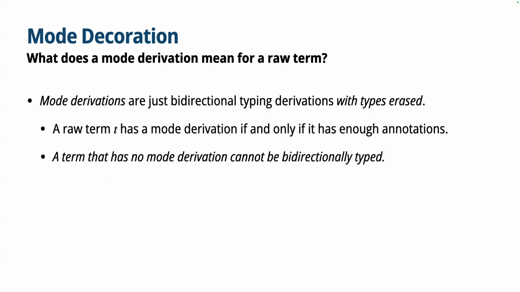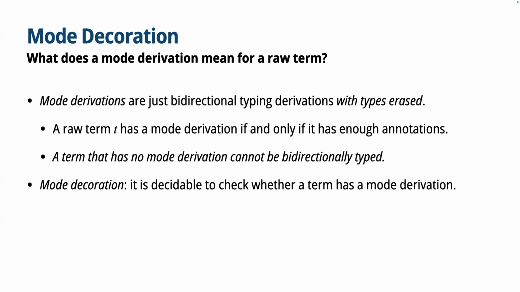And because of the completeness, we know that if it doesn't have a mode, then it cannot be bidirectionally checked. This derivation is simple enough that we can check if it has the right mode. It's just a decidable question.